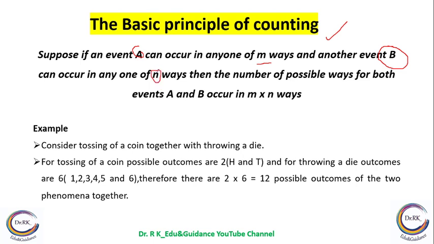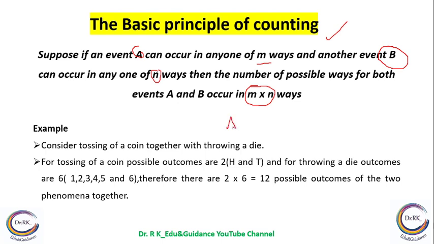So for two events, A happens in m ways and B happens in n ways. Then the total number of possible ways where both A and B can occur is m into n ways. This is the regular formula or approach we use.